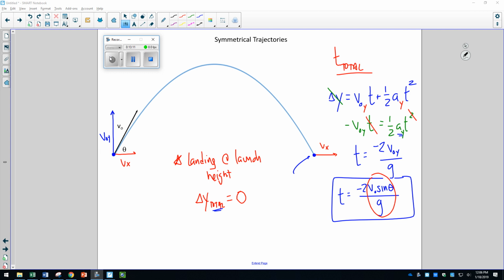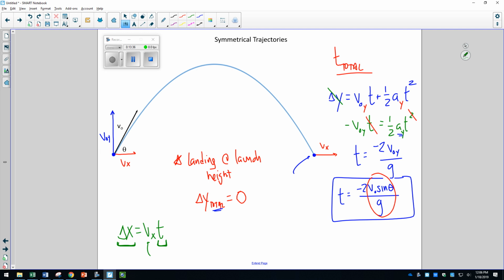Remember, since this thing moves at a constant horizontal velocity, delta x is v_x times t. Since v_x is constant, change in horizontal position is proportional to how long this thing travels for. All right?